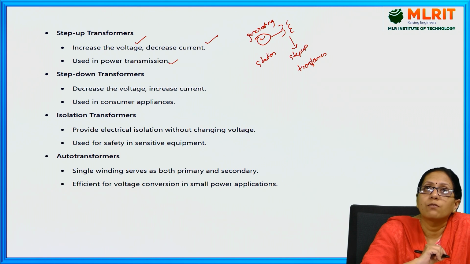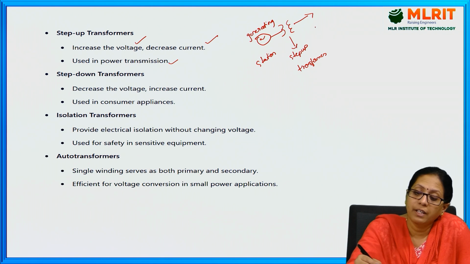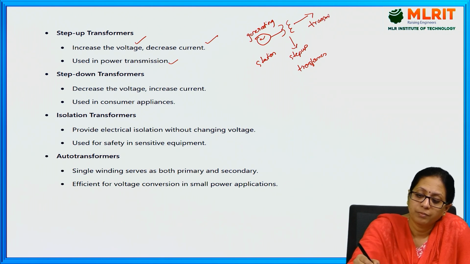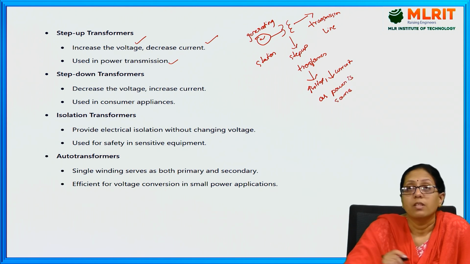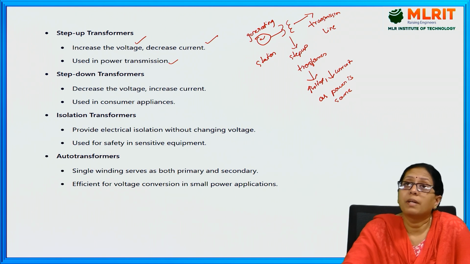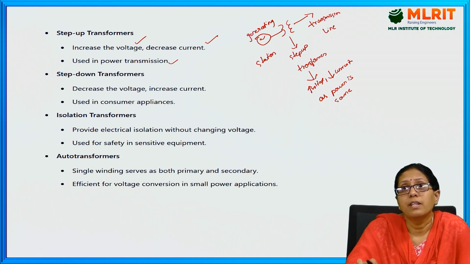This particular transformer increases the voltage from the generating station and then it is connected to a transmission line. Here this step up transformer increases the voltage and reduces the current as the power is the same. As the power is the same on the primary as well as secondary side, as the voltage increases, the current reduces for the step up transformer.